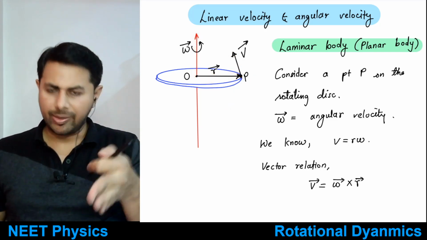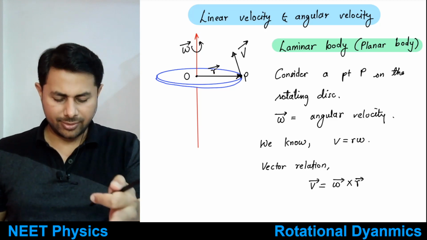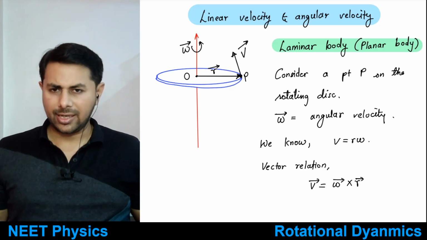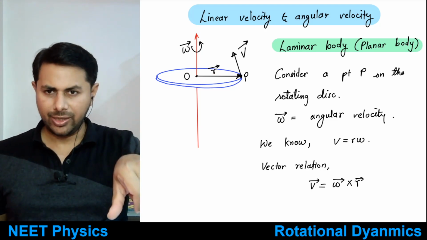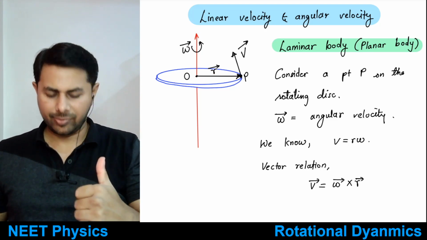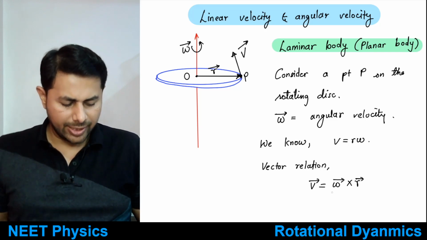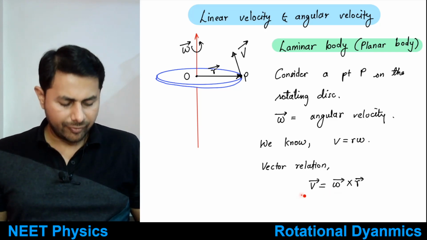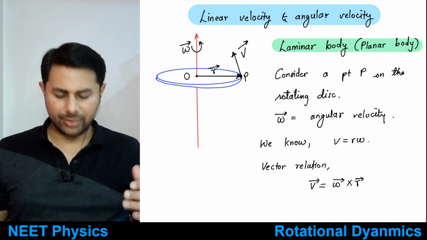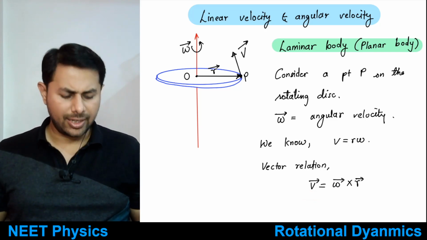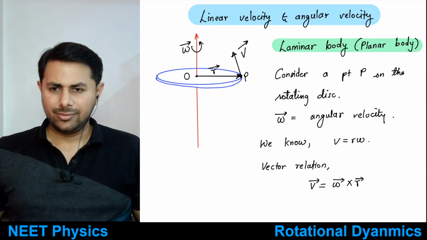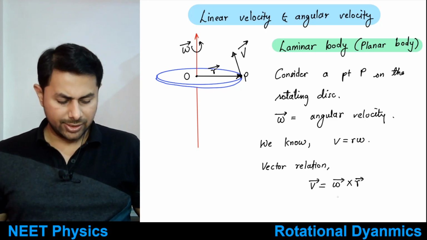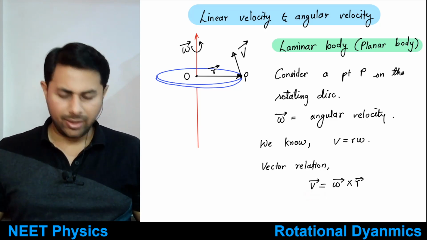You can try omega bar cross r bar versus r bar cross omega bar to see which gives the direction of v. I am saying omega bar cross r bar gives the correct direction of v bar. Is this clear?